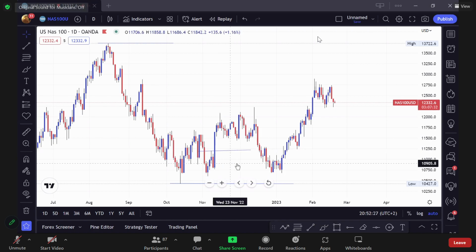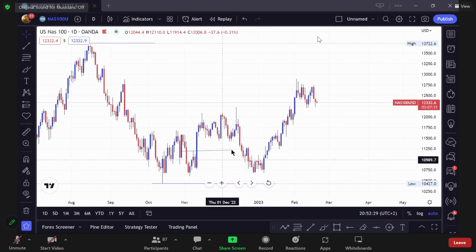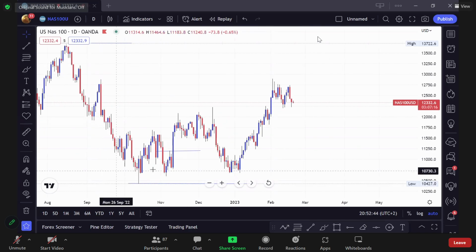What I'm showing you here is that we want to see a violation of the trend. Because if we don't take out the low, if we don't create a lower low, and we actually go and take out the previous high, what have we done? Changing character, 100%.